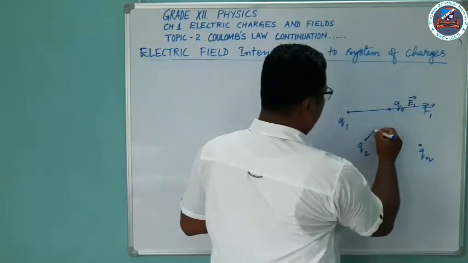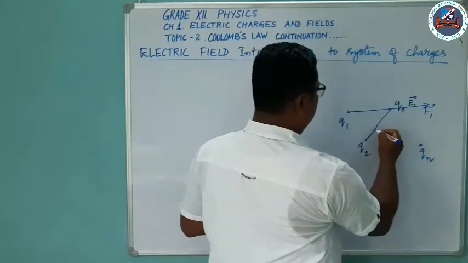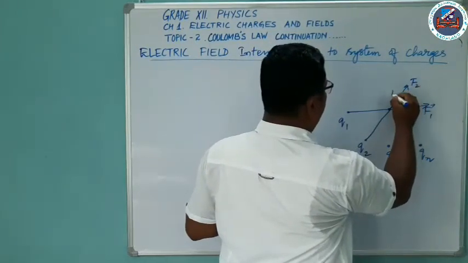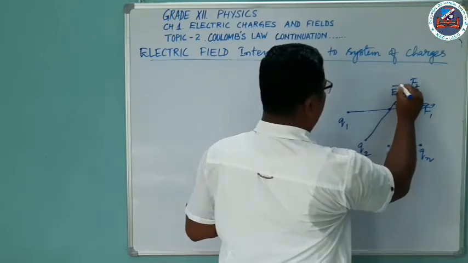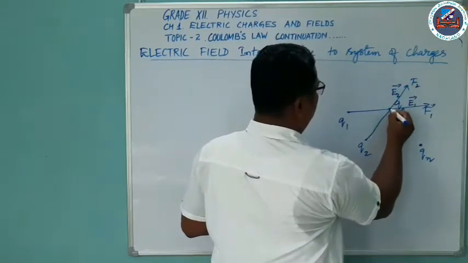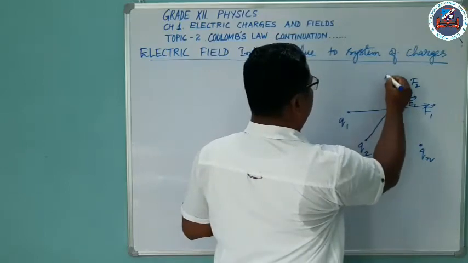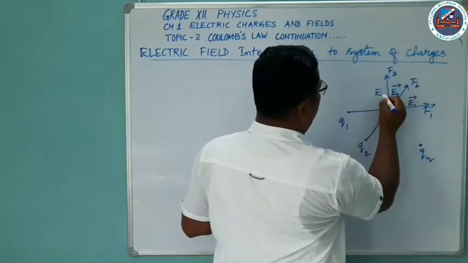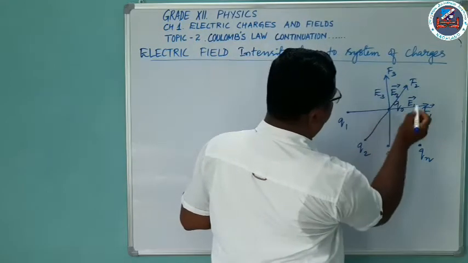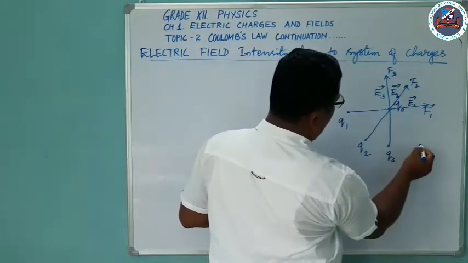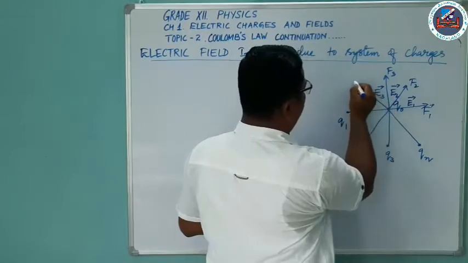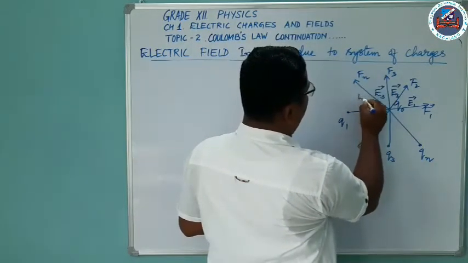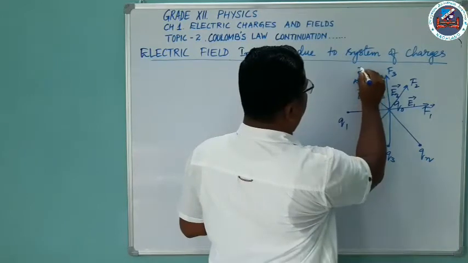Like that, Q2 acting on Q naught will have force F2 and electric field intensity E2. Q3 acting on Q naught, let us say it is F3 and the electric field intensity is E3. Qn acting on Q naught, let us say it is Fn and electric field intensity is En.